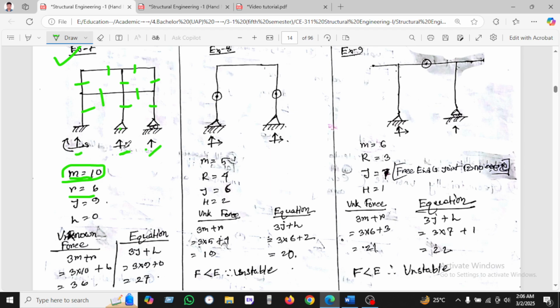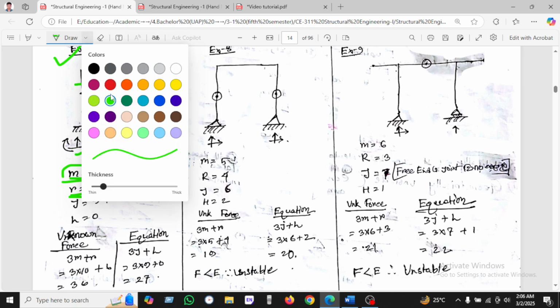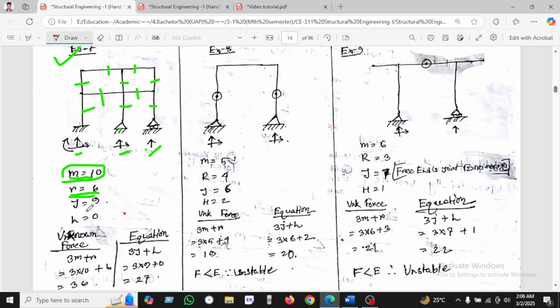So 1 2 3 4 5 6, that's why the reaction is 6. How many joints? If we count the joints, I will get 1 2 3 4 5 6 7 8 9. So these are the 9 joints. And how many hinges? There is no internal hinge.